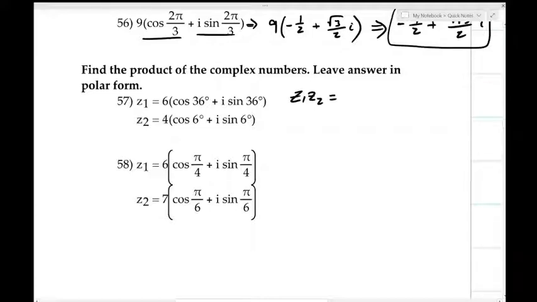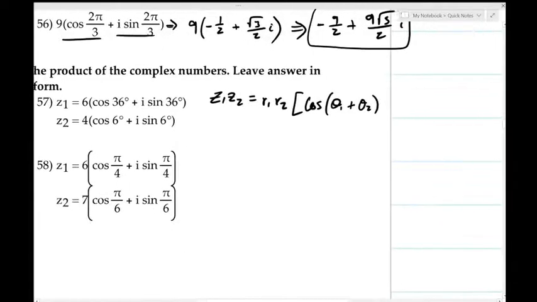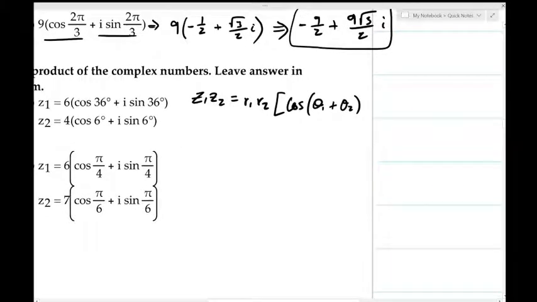If I have z1 times z2, it is equal to r1 times r2 times cosine of theta 1 plus theta 2, meaning the argument angles that we have there, plus I sine of theta 1 plus theta 2. Okay, so that is the formula for it.